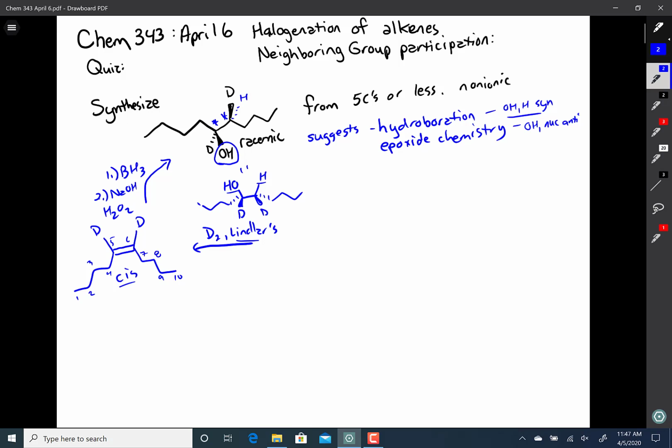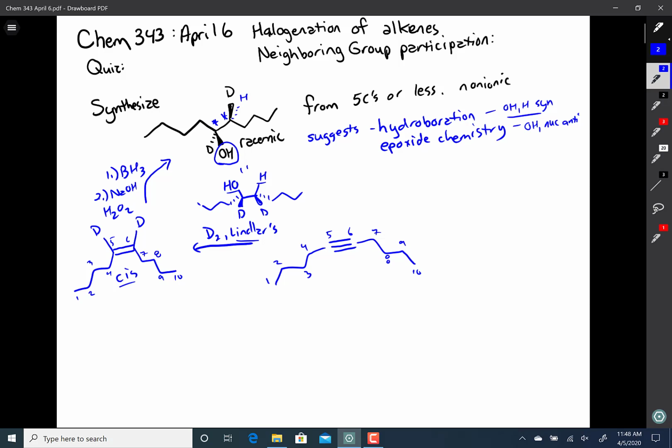Because where the alkyne goes in the starting material, that's where the alkene is. So 5 and 6 are here. And then we can just draw in the others. So we have the alkyne placement correctly.